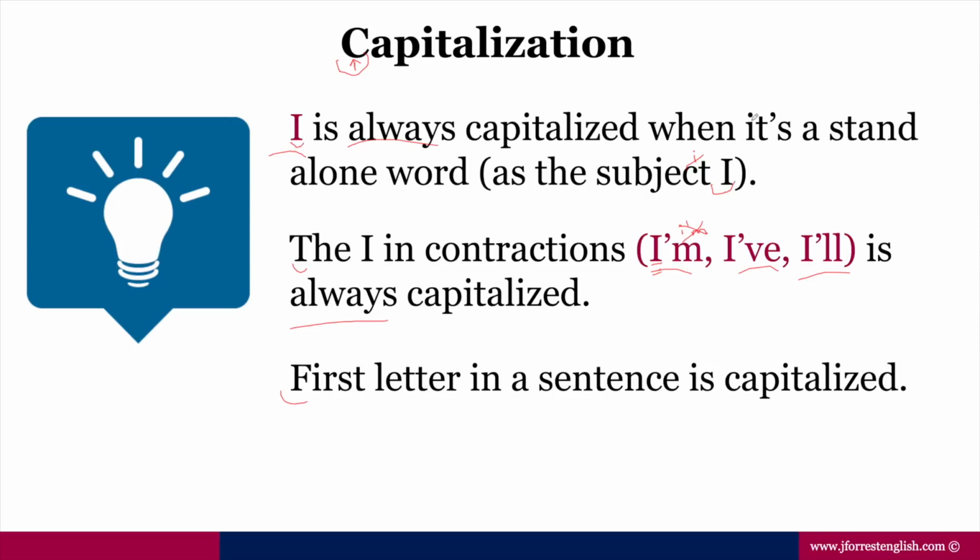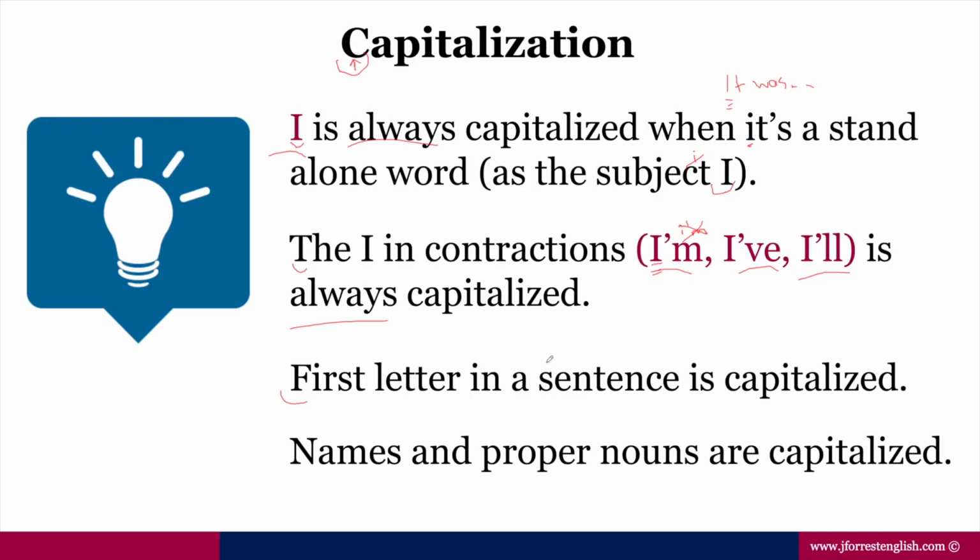So here, this I is not capitalized because it's not a contraction of the subject I, right? It's the word it. So of course, this I is not capitalized. But if it was the beginning of a sentence, then of course it would be capitalized, right?